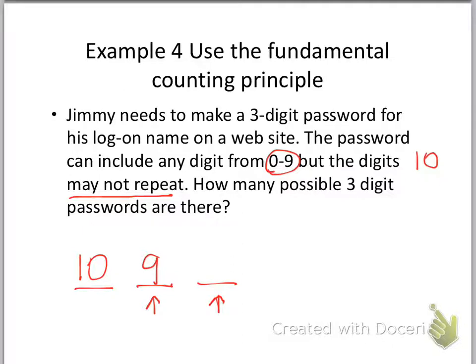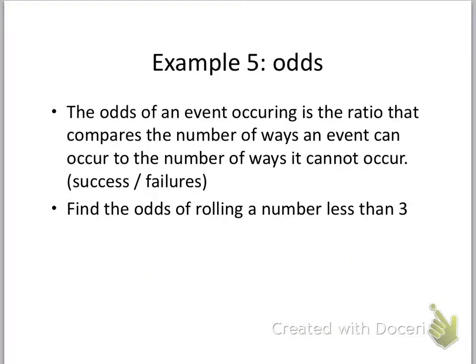And the third digit, again, 1 less possibility because 2 have already been used. So we're going to multiply 10 times 9 times 8. And that gives us 720 different possible passwords. So you can understand then how guessing someone's password is not an easy thing to do.